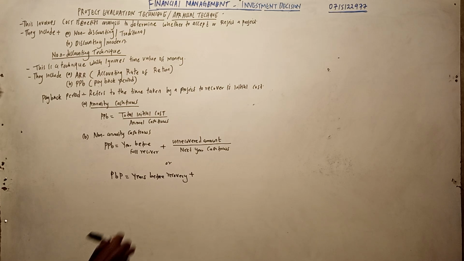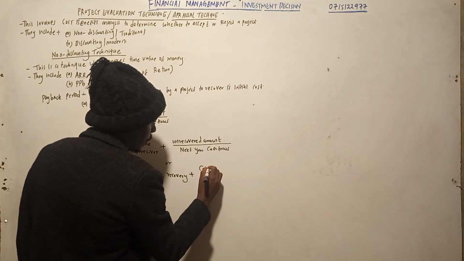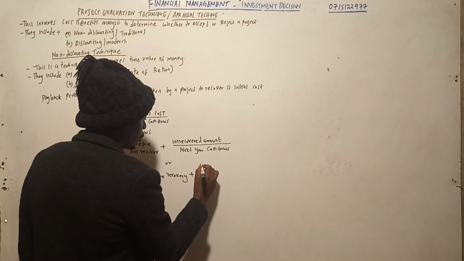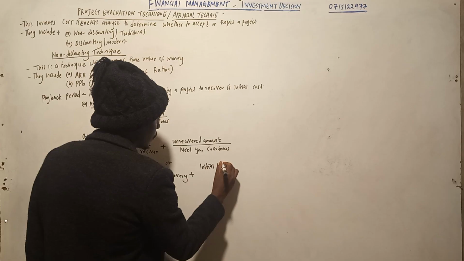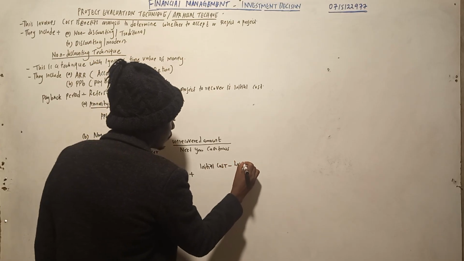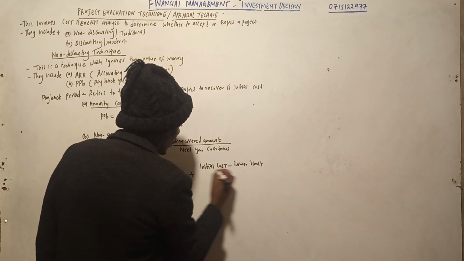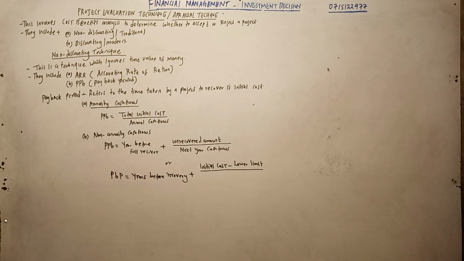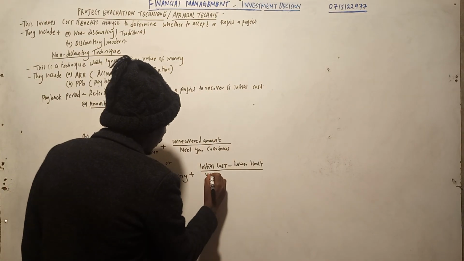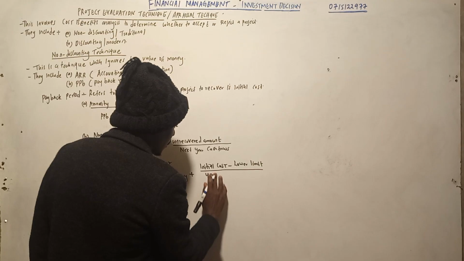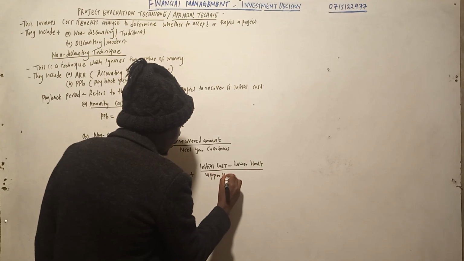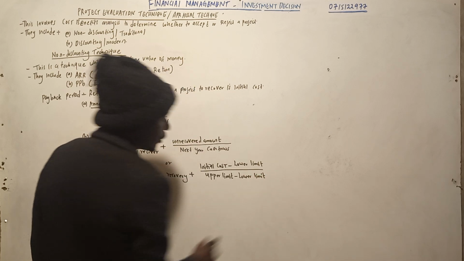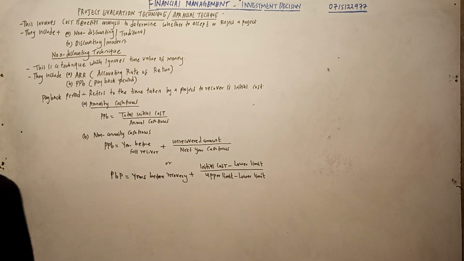We can take the capital. Capital is our initial cost. So, the initial cost minus the lower limit, over the upper limit minus the lower limit.